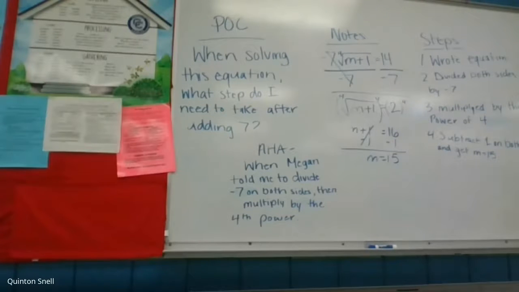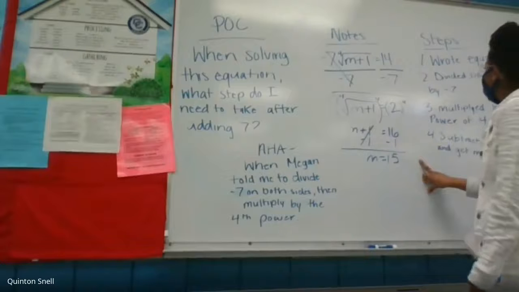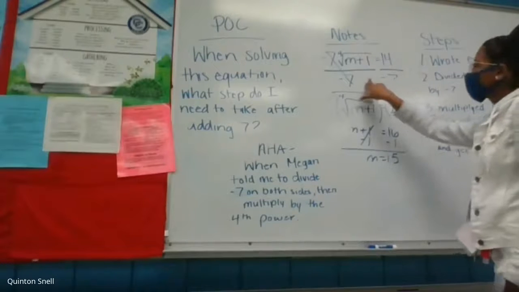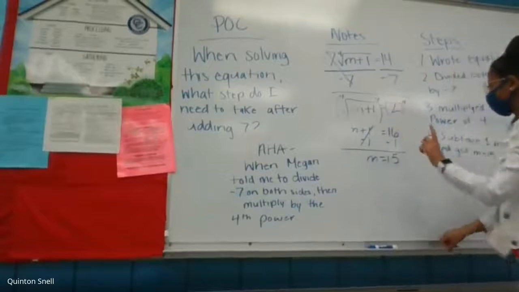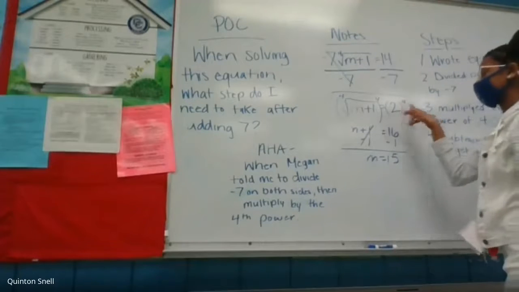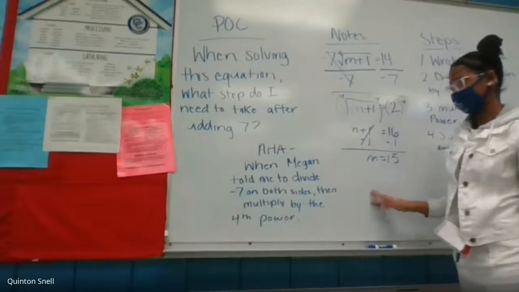My POC is: when solving this equation, what step do I need to take after adding 7? What I did in order to solve it was divide both sides by 7, and then I raised both sides to the power of 4, and then I subtracted 1 on both sides, and I got m equals 15.